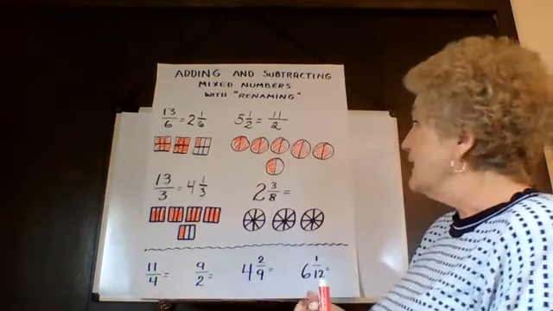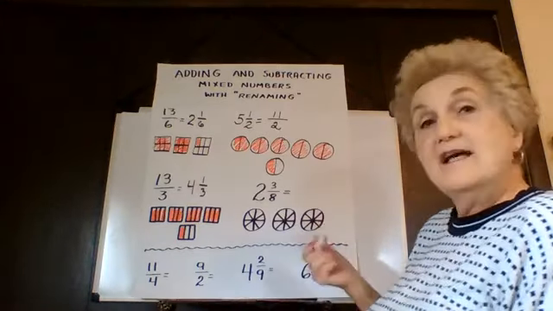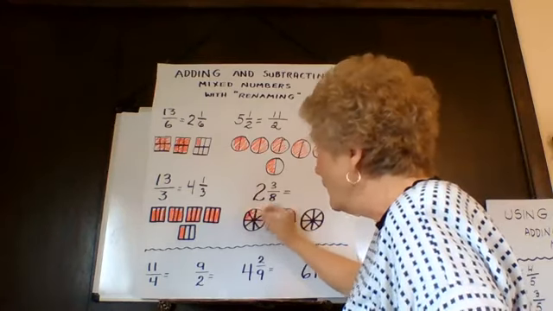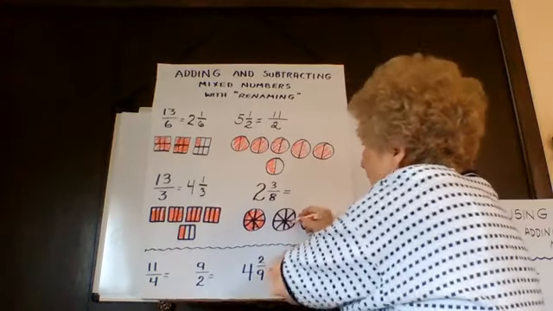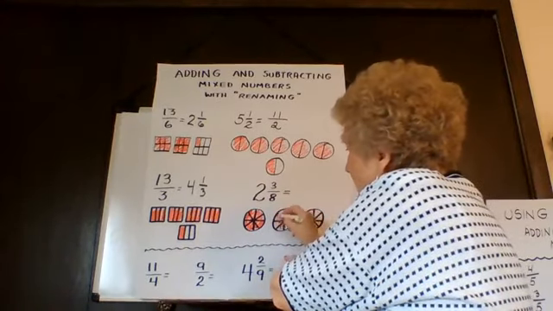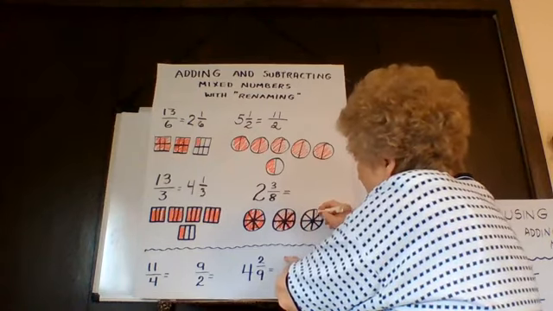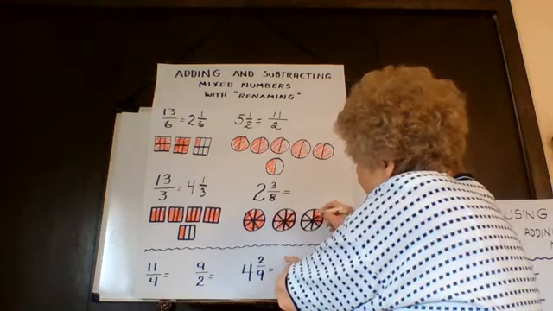See that? Let's do one more. 2 and 3/8 now. I divided these circles into eighths. Let's color in the 2 and 3/8 first. Here's the whole circle. Then another whole circle. And we know 1 and 1 makes 2. Then I have to color in 3 of these. 1 little part, 2 little parts, 3 little parts, okay?